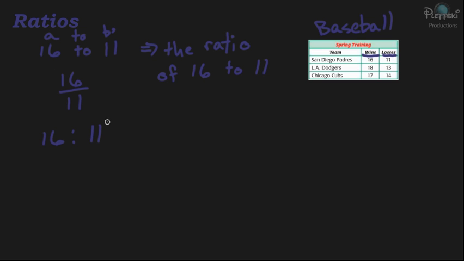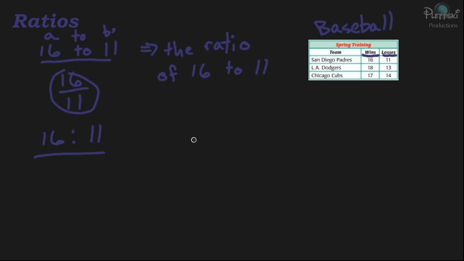You read all three of these the same: the ratio of 16 to 11, the ratio of 16 to 11, or the ratio of 16 to 11. It doesn't matter which way you write them.